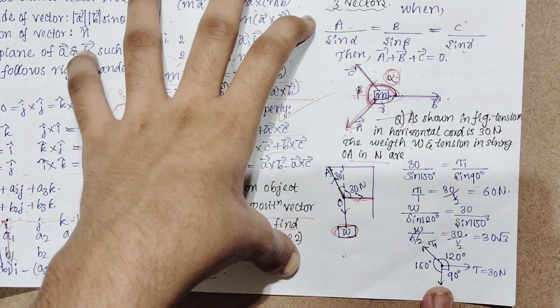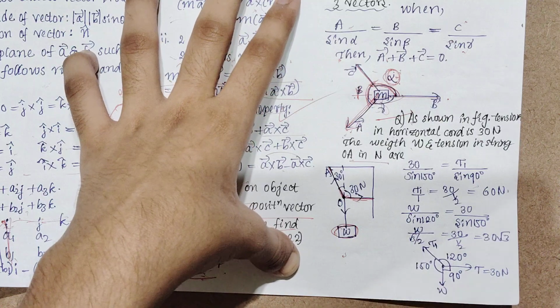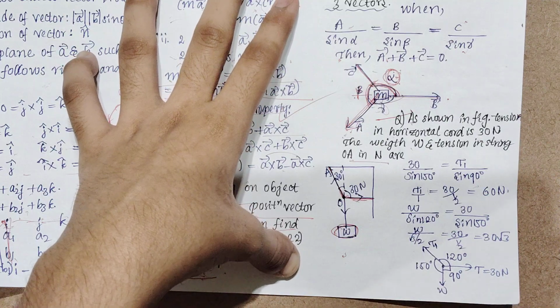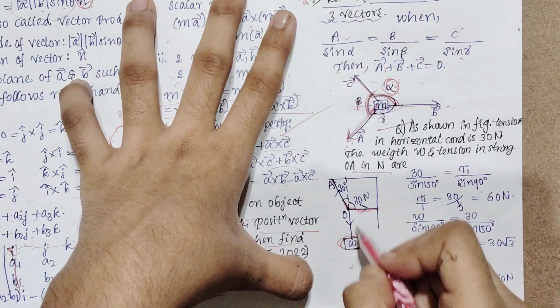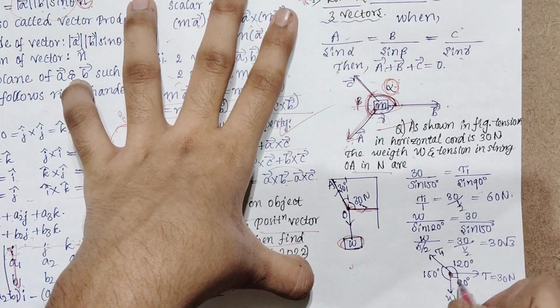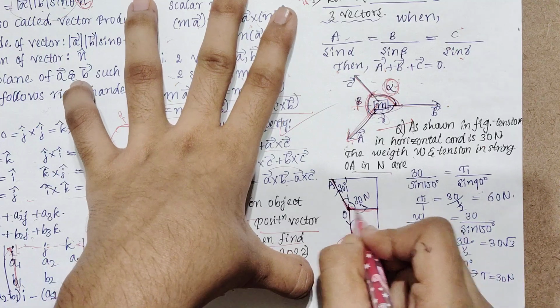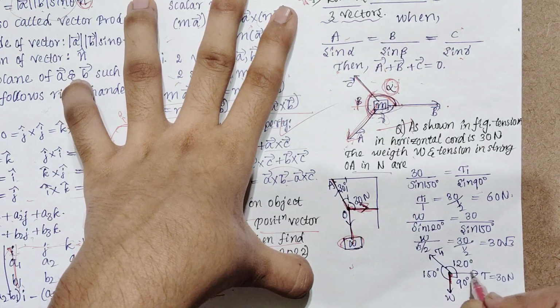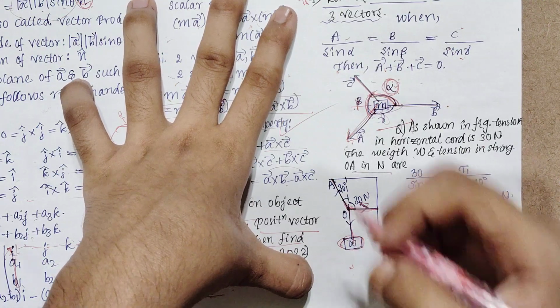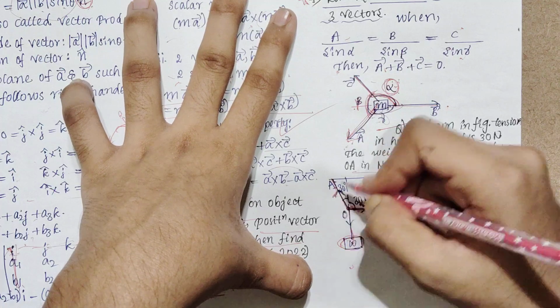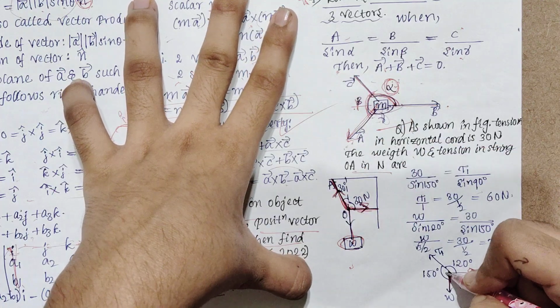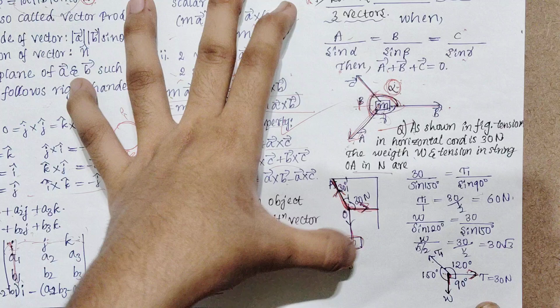We know Lami's theorem, right? So apply it here. Let me draw this clearly. This is your weight W. Let us suppose the tension in the horizontal cord is T, and the tension in the OA string is T1.